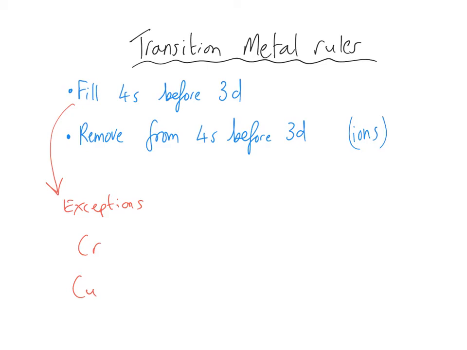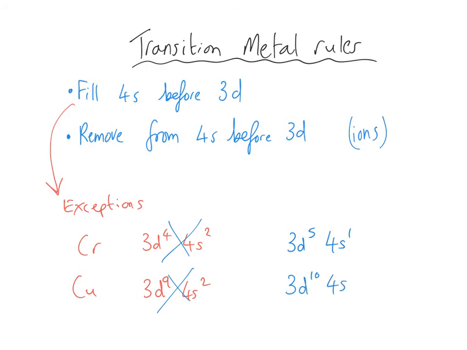So you would expect chromium to have the electron structure 3d4 4s2, and you'd expect copper to be 3d9 4s2, but actually that's not right, because chromium and copper would get more stability if they do something slightly different, and what they have is 3d5 4s1 for chromium and 3d10 4s1 for copper, and that precisely full d sublevel and that half full d sublevel gives the elements extra stability that they wouldn't have if it was almost full or almost half full.